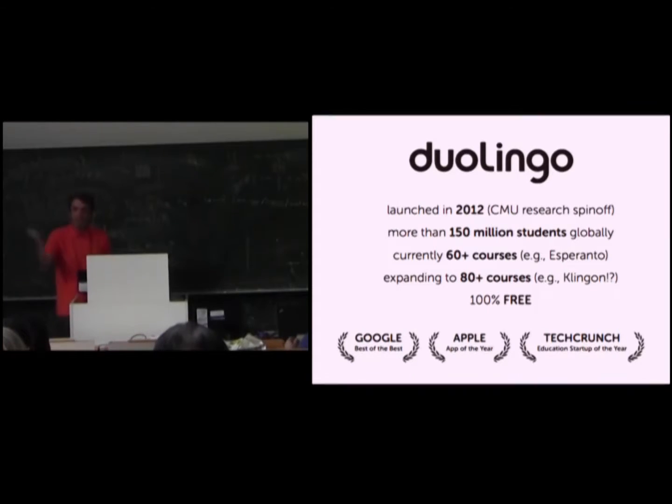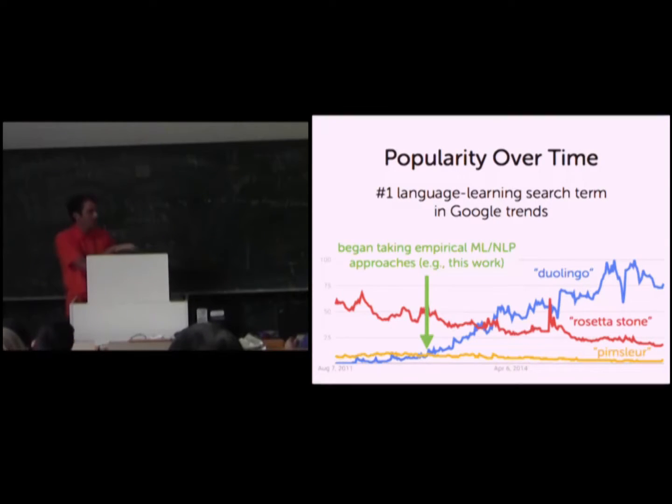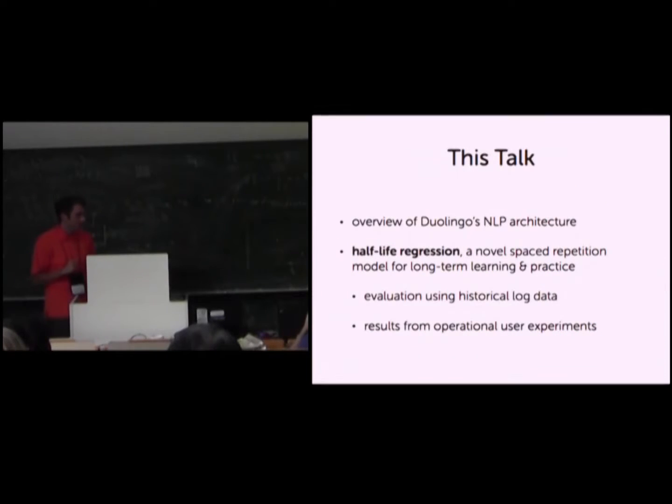And I'm a user of Duolingo, a very satisfied one, which is one of the reasons I was very excited to be able to present this great work. Duolingo has become very popular in part because they come from the machine learning and NLP community, and part of their success is that they've embraced empirical techniques to help students get engaged with the lessons that they're learning.